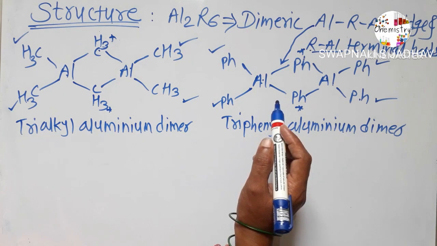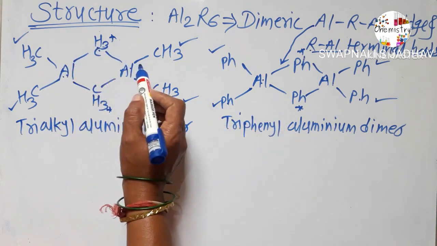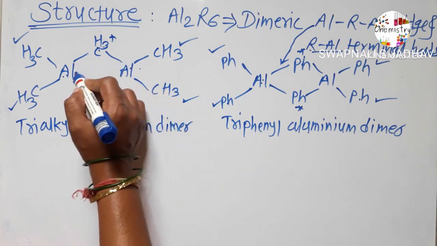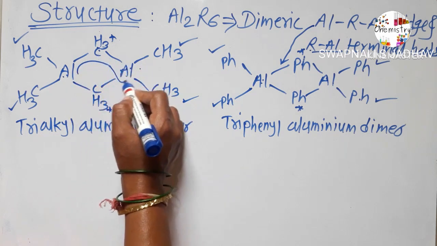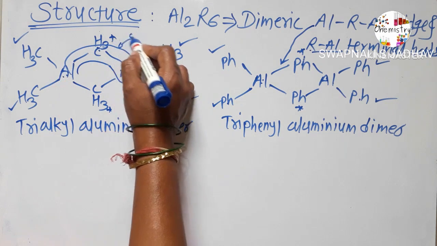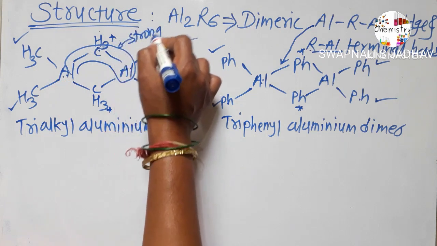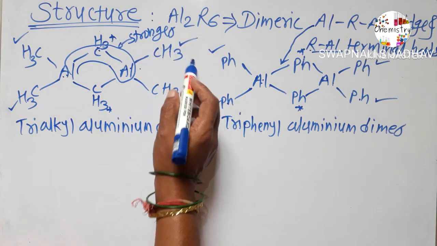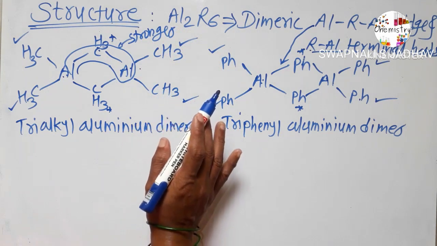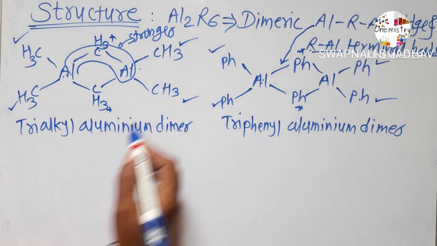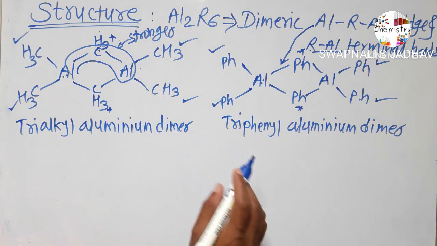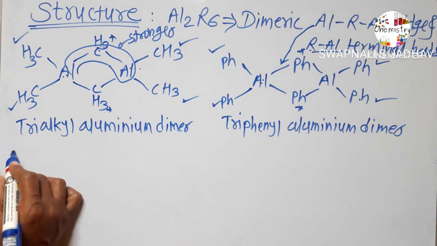In alkyl aluminium compounds, the bridging Al-C-Al bonds are stronger than the terminal aluminium carbon bonds. Here aluminium and carbon undergo sp3 hybridization.